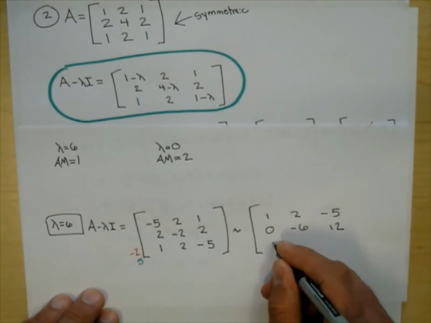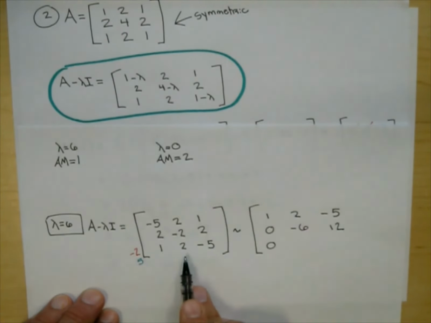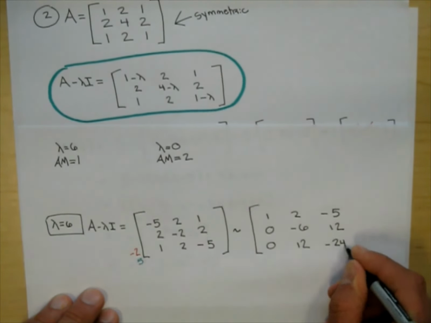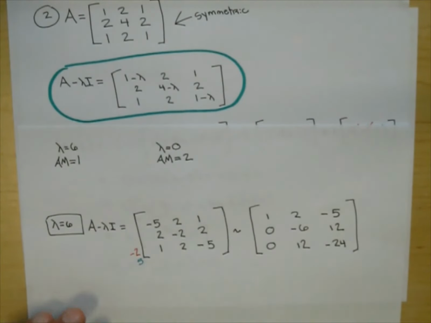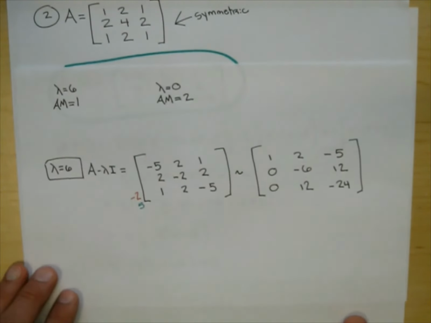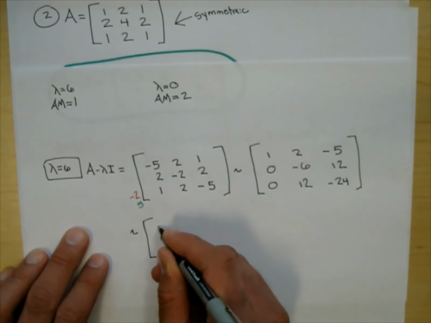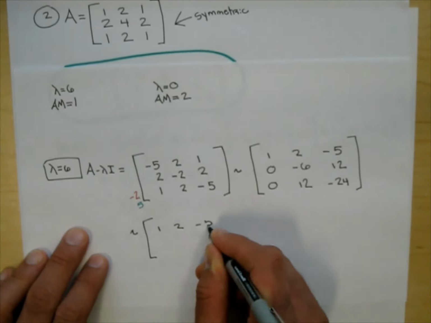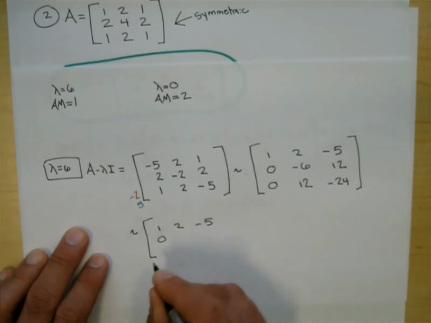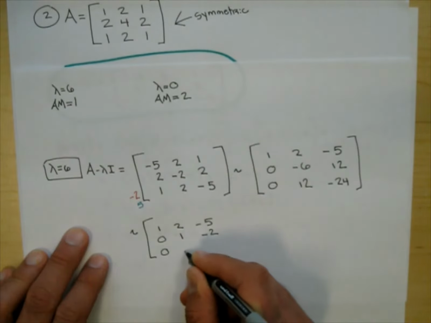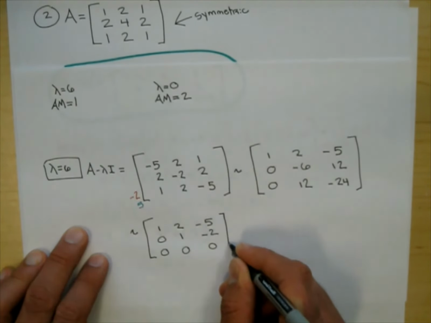So I have a 0, and then 10 plus 2 is 12, and then negative 25 plus 1 is negative 24. So this gives me the matrix 1, 2, negative 5, 0, 1, negative 2, 0, 0, 0.